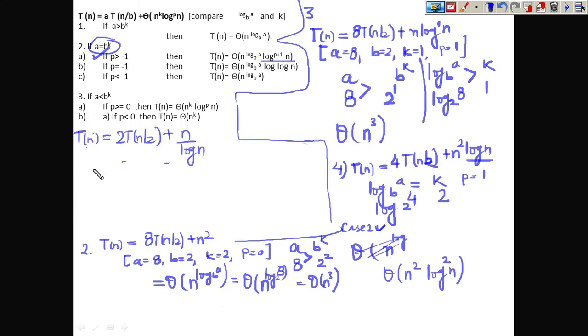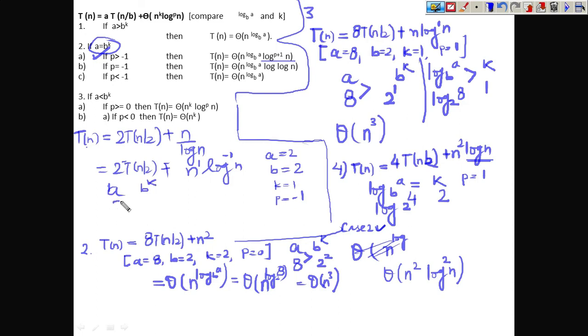So here you can write this as 2T of n by 2 plus n log n to the power minus 1. So here you can find the values: a is 2, b is 2, k is 1, which is the power of n, and p is minus 1.